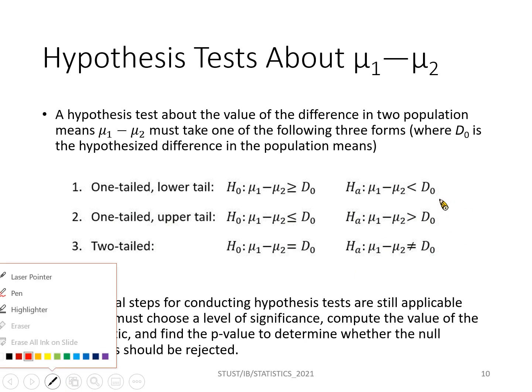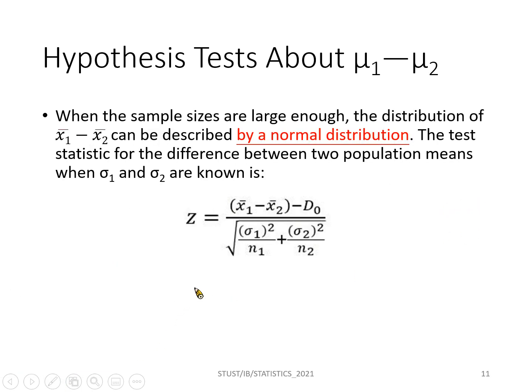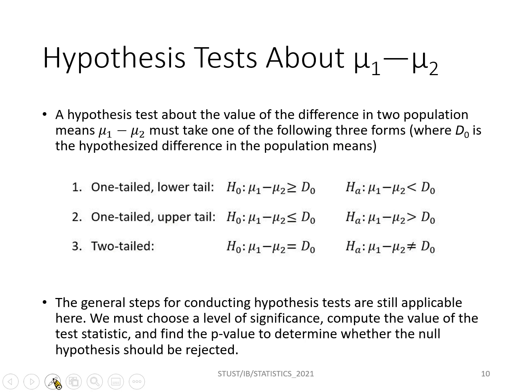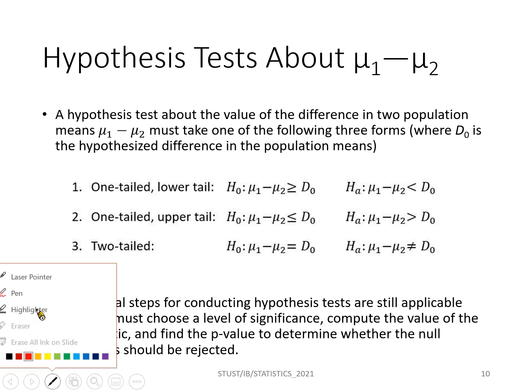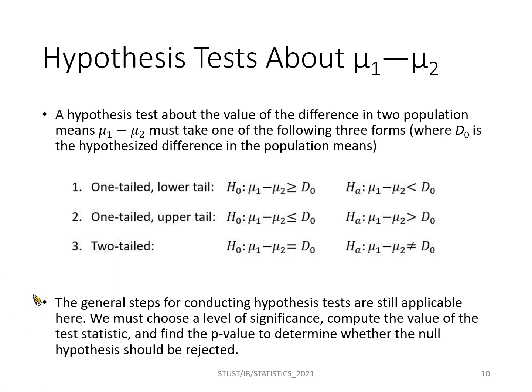Because if we express them in the normal distribution curve, you will find that if it is larger than a specific value, we will say it's an upper tail case.